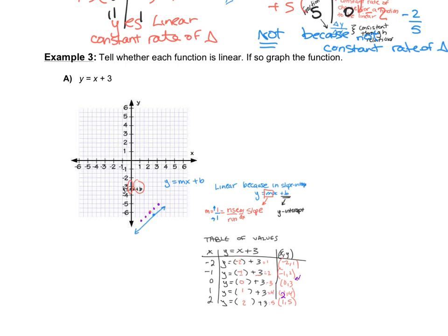All of those points are on the same line because that line is the same line that I graphed. Y equals x plus 3. All right, next graph.